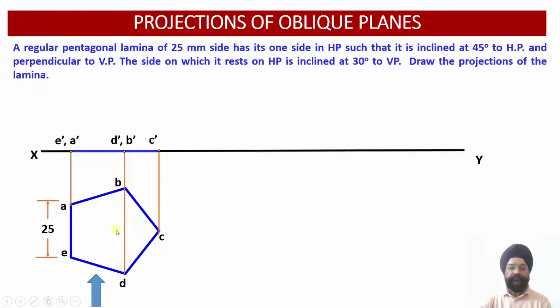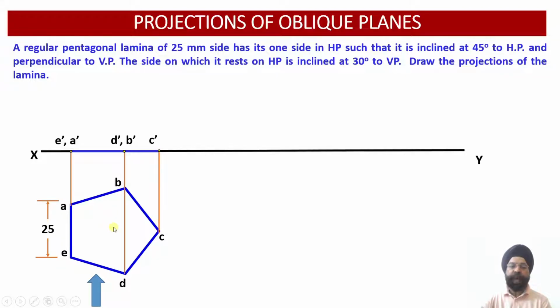So step number 1, as usual, we have to draw the true shape of the lamina, assuming that the lamina happens to be parallel to a given reference plane, and it will be parallel to that reference plane with which it is making the first angle over there. So it is making the first angle of inclination with the horizontal plane.